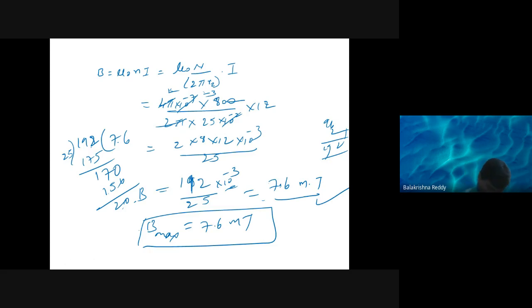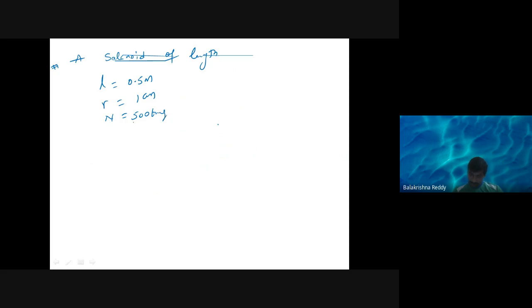There is one more question also, very simple one. A solenoid of length 0.5 meters has a radius of 1 centimeter and is made up of 500 turns.